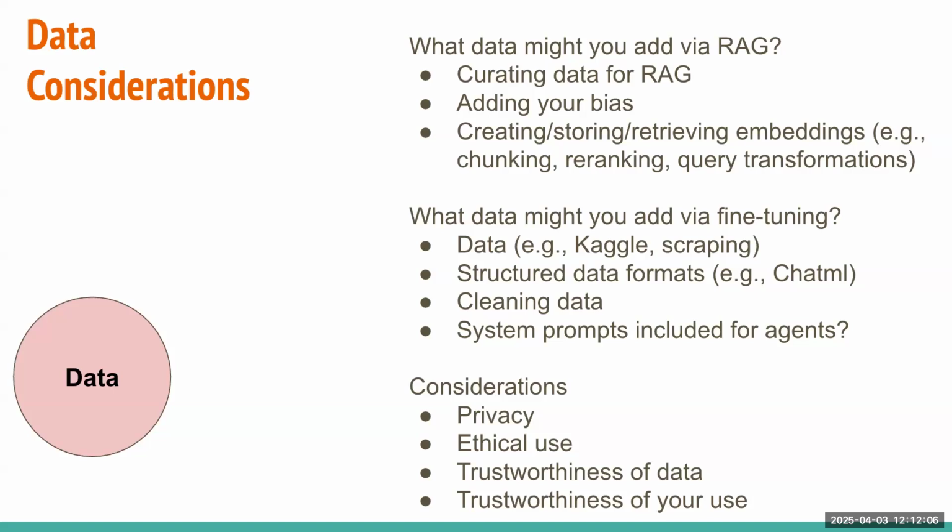Are you going to scrape data? Are you going to use Kaggle? How are you going to structure that data? Because fine tuning works best with structured data sets. How do you clean it? And then what are the privacy concerns around that data? And what is the trustworthiness of the data that you're actually supplementing the model with?